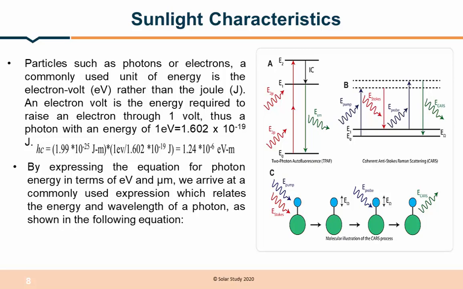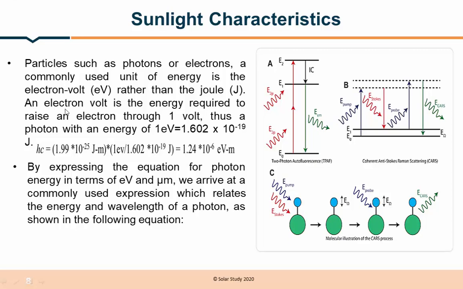First of all, we have to know that since it is a packet of photons, we can call it an energy. The unit of energy is the joule. Basically energy is in terms of joules only. Due to the presence of the electron, we can express the energy of the solar radiation in the form of electron volts.